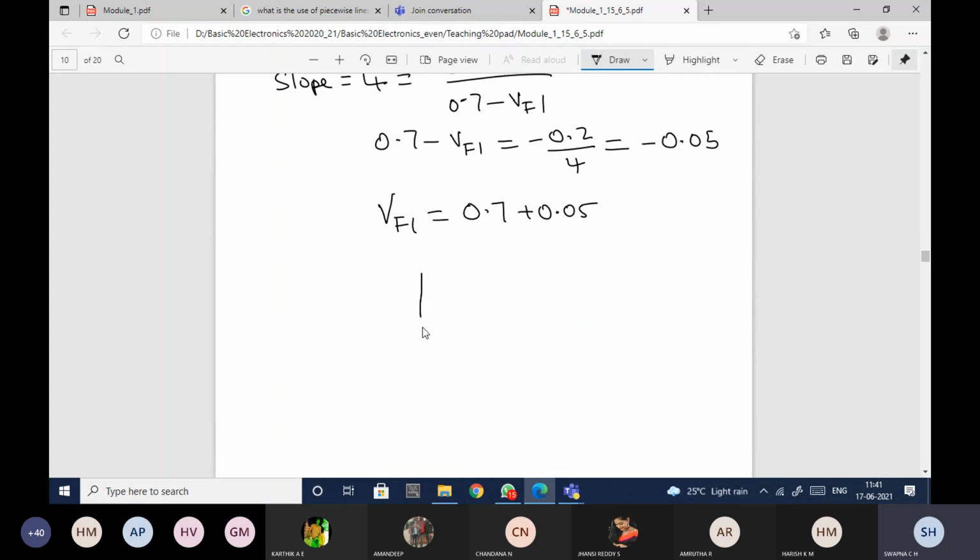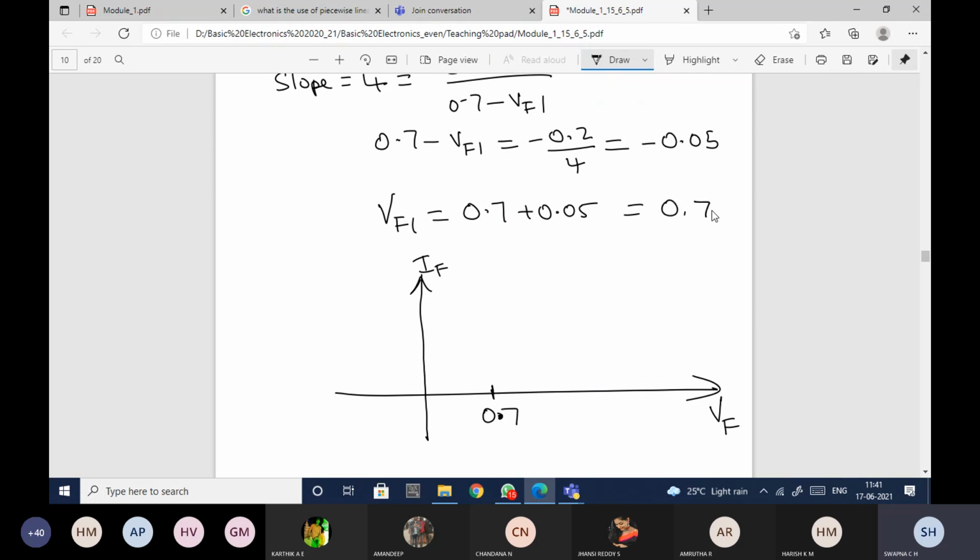Now I've got the piecewise linear characteristics, VF, IF. Until 0.7 on the x-axis and one more 0.75, somewhere here. So 0.75 comma 0.2 amperes. Draw these two points.